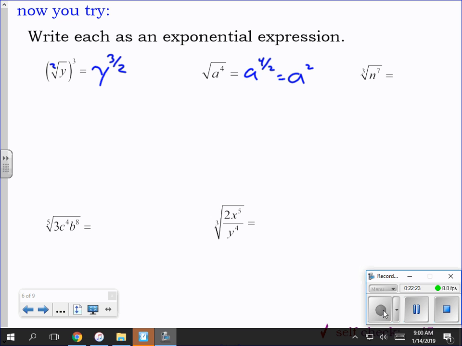Next one is n to the 7/3. Did you change it to 2 1/3 and then do that? No, we're not doing that. If you were simplifying it, that'd be fine, right? You're just writing as an exponent, so you want to leave it. You don't want to have mixed numbers as exponents.